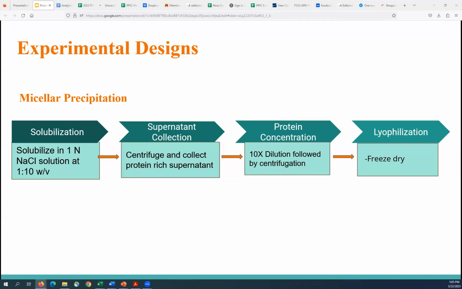It's the same thing we do when we do salt extraction. They put in some salt so that you can solubilize the globulin proteins. That's the first step. Now your protein is solubilized, and you remove the insoluble material like fiber. Then you have your protein soluble in the salt. When they dilute it, you're bringing down the salt concentration, so the globulin proteins are no longer soluble.